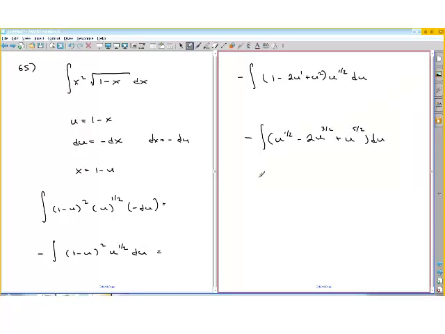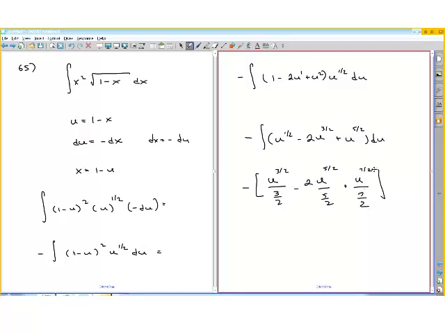And I just integrate each one of these using the power rule. So we get negative, and you get u to the 3/2 divided by 3/2, minus 2 times u to the 5/2 divided by 5/2, plus u to the 7/2 divided by 7/2. I'm adding 1 to each exponent as I integrate. 5/2 plus 1, 2/2, is 7/2.